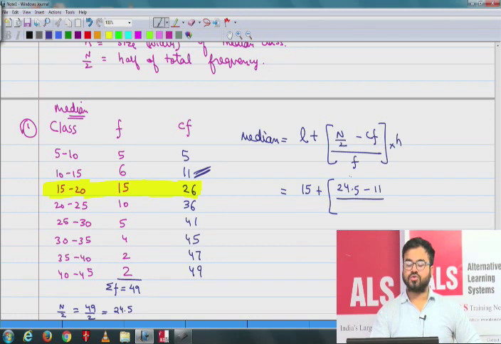So now the frequency of the median class is 15, and h is the class size. For 15 to 20, the class width is 5.